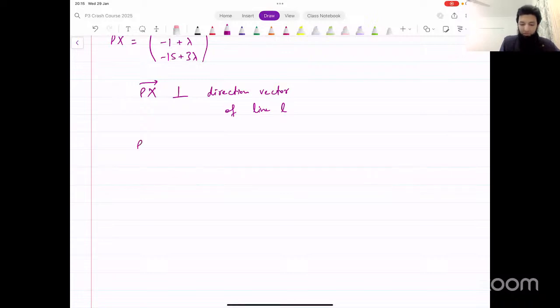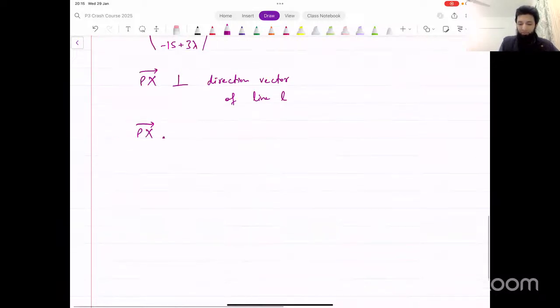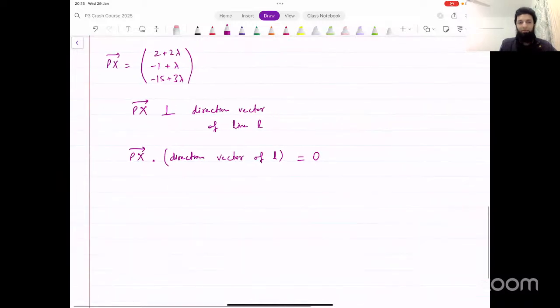So that's what we do now. We say vector Px, that's this yellow vector, and the direction vector of the line L, their dot product should be 0. So Px dot the direction vector of L, this should equal 0.